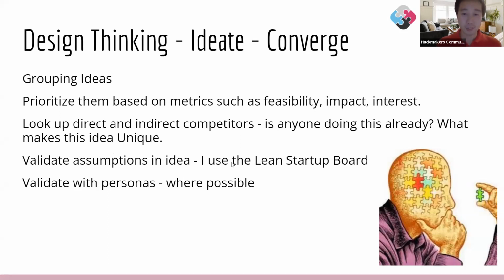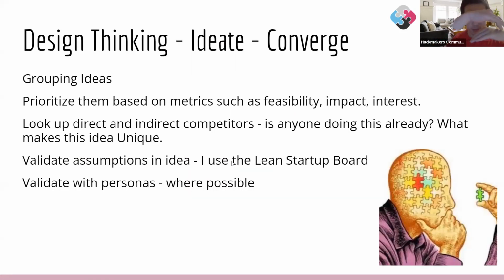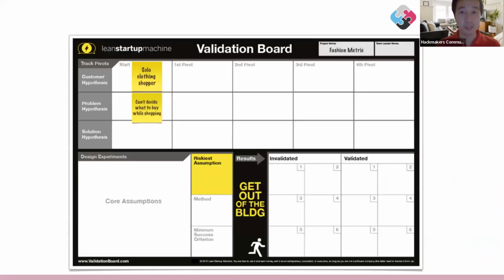Validate the assumptions in the idea, and also validate with personas where possible, maybe say surveys, as mentioned before. So really, in terms of a graph, you diverge, you get a lot of ideas, and then you converge and you narrow in on the ideas.